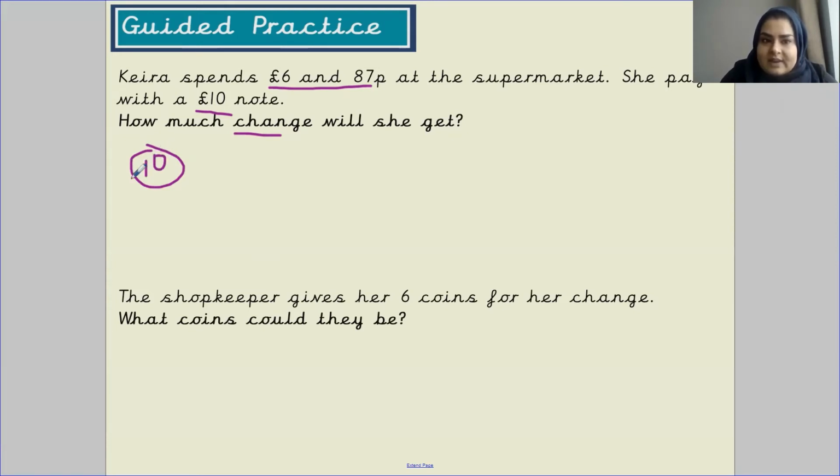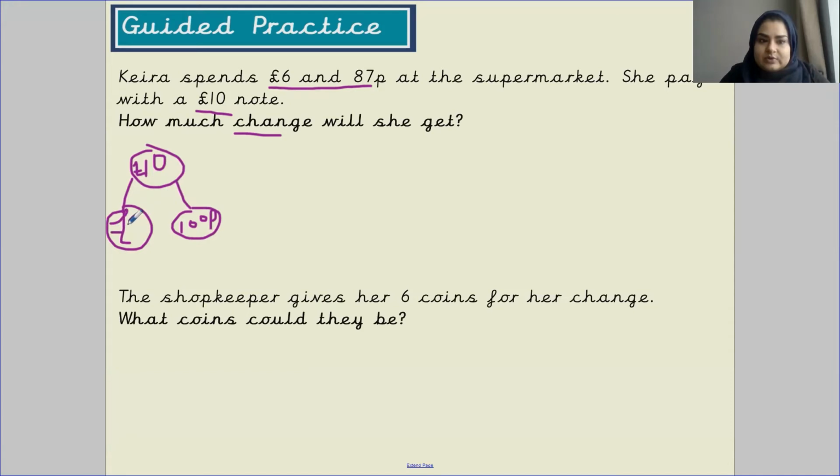Then I'm not going to use the whole £10 because I'm going to split a pound into pennies so that I can take away my pennies. So if I've used a pound there with 100p, I have now £9 left.